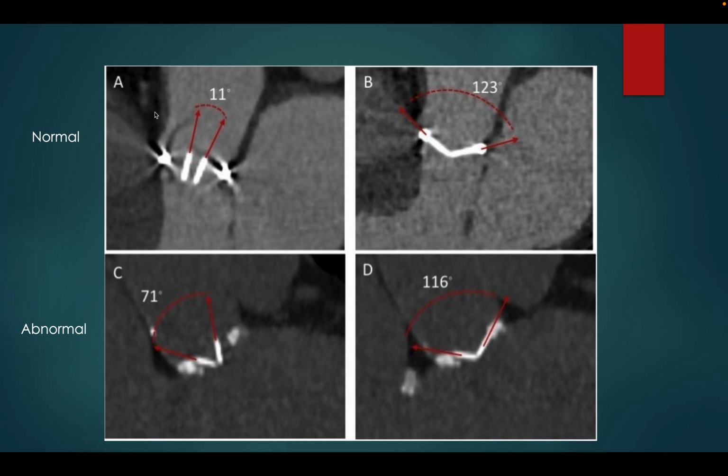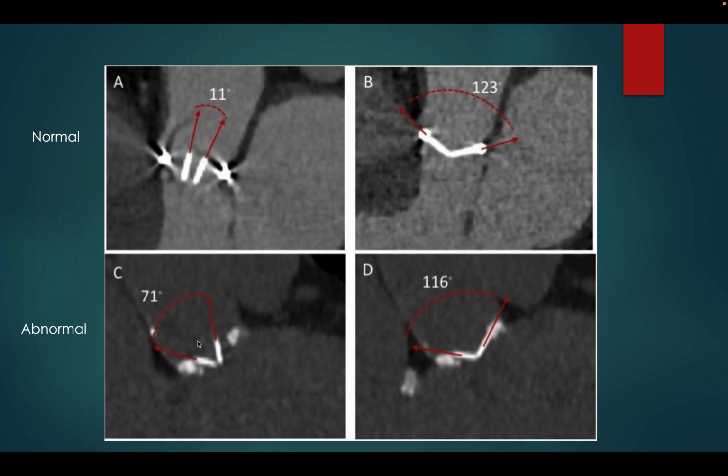Here is an example of a normal case and an abnormal case. Here the angle between the two leaflets is 11, and as we said, anything below 20 is okay. And here it is 123 when closed. It's not 180, but again 120 to 130 is acceptable.